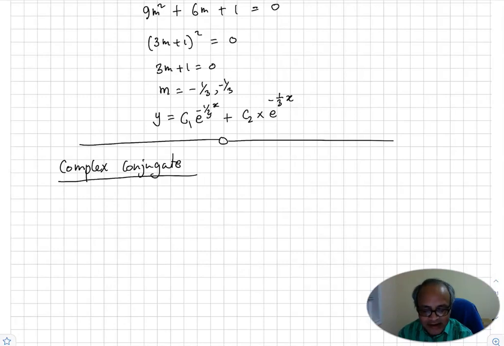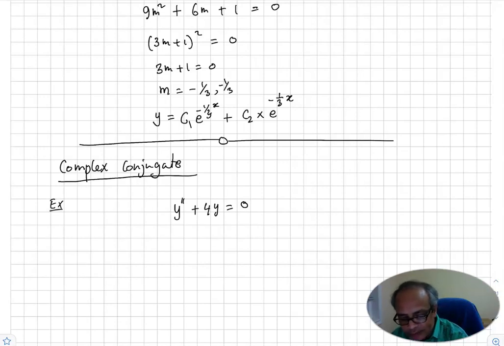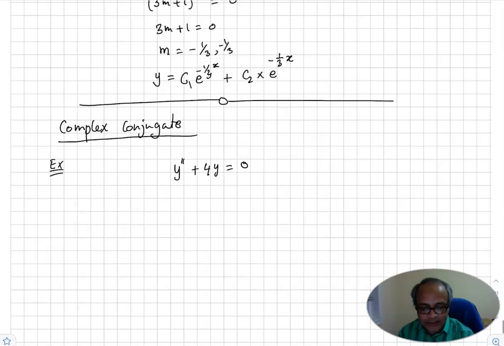Now in the third case, the characteristic polynomial has two complex conjugate roots. So a good and easy example is the following: a simple second order differential equation, but this equation is a very important one in science and engineering. We will see it later.